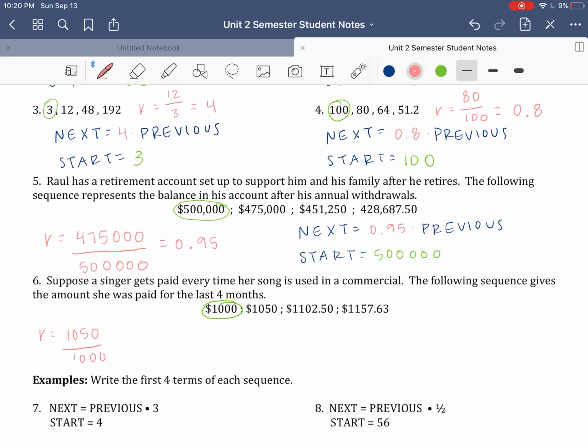Again, use your calculator if you need to. Gives us 1.05. And again, I did not have to round that one. That's exactly what it came out to, so I feel good about using that as a decimal. So to get to the next number, we multiply by 1.05 times the previous number. And we started at 1,000.